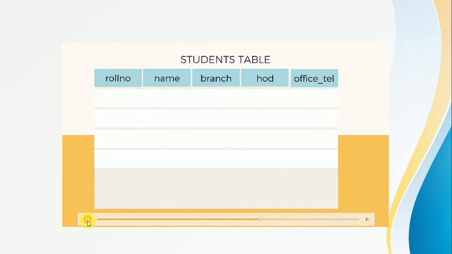Now let's put data of 4 computer science students into this table. We'll add roll number 1, 2, 3 and 4, put in the student's name, their branch name, the name of the HOD and the department telephone number.